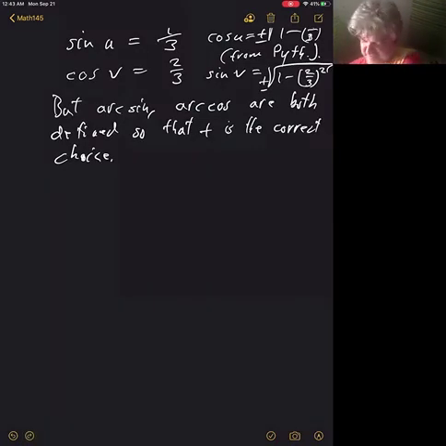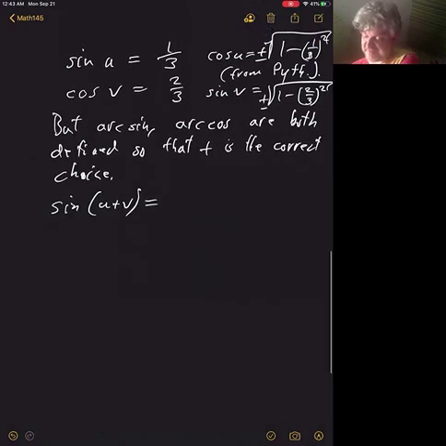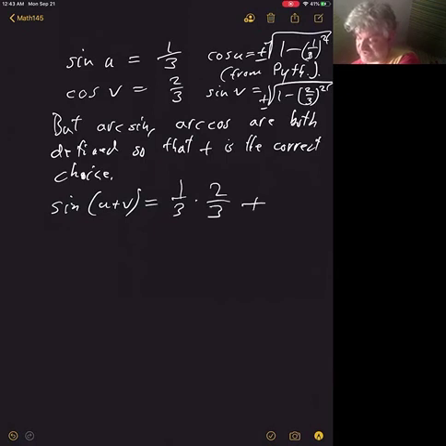Now we're ready to find sine of U plus V. That's what we're after. So it's sine U cosine V. You got them listed. There's 1/3 times 2/3 plus cosine U sine V. So that is the square root of 1 minus 1/9 times the square root of 1 minus 4/9.